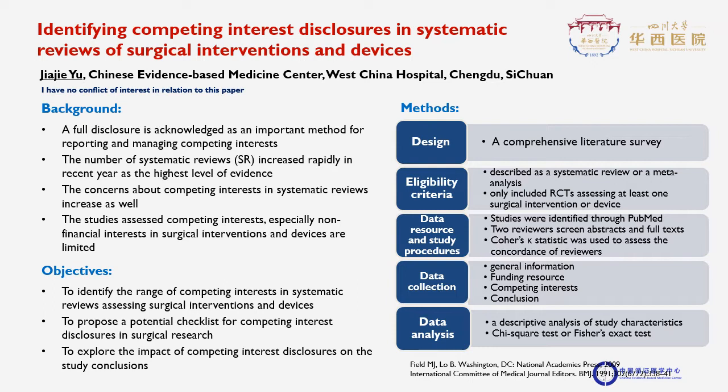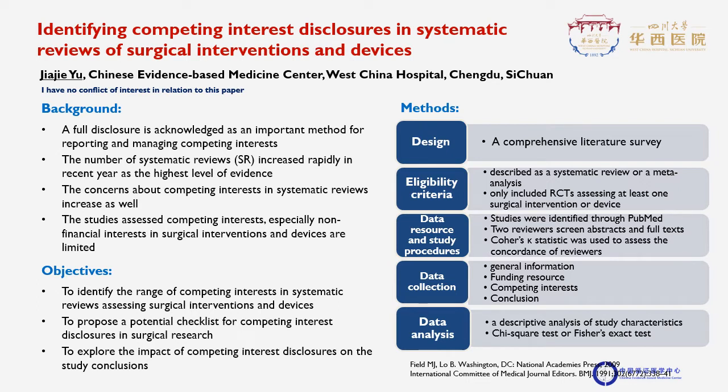Conflict of interest has been debated for many years. Empirical studies have shown that full disclosure is an important method for reporting and managing conflict of interest and serves to highlight the potential for bias.